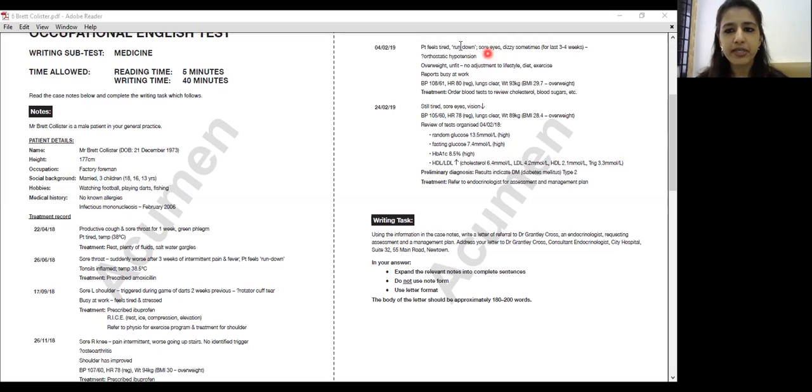So, for example, while I'm describing symptoms, and in between, if I go on to say that he's overweight and he's not willing to change his lifestyle and he reports busy at work, his weight is also so much and so much, it is important as a risk factor. But the thought process that you have usually when you are diagnosing something is you look at the subjective findings, you look at the objective findings, you look at the test results, and then you think about what may be the contributing factors that could be leading to this condition.